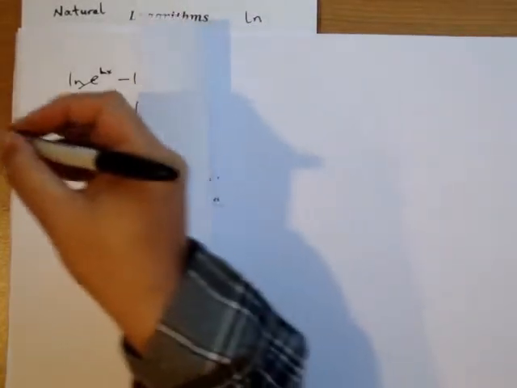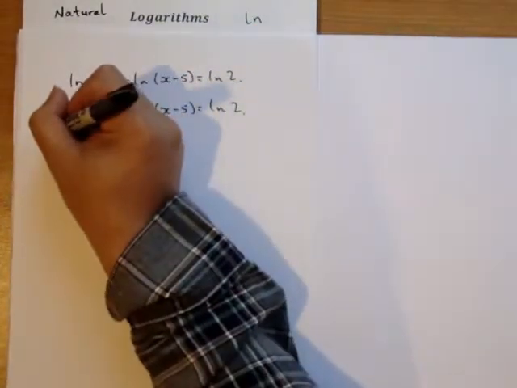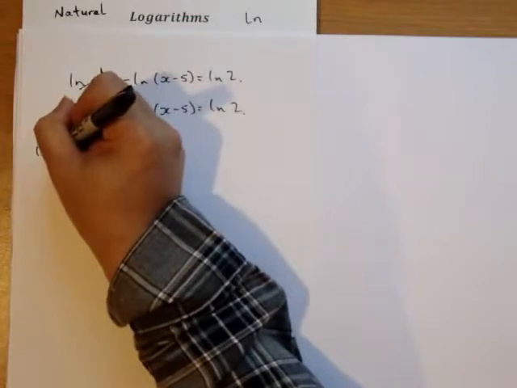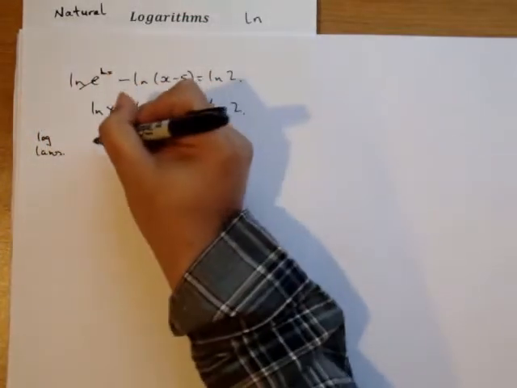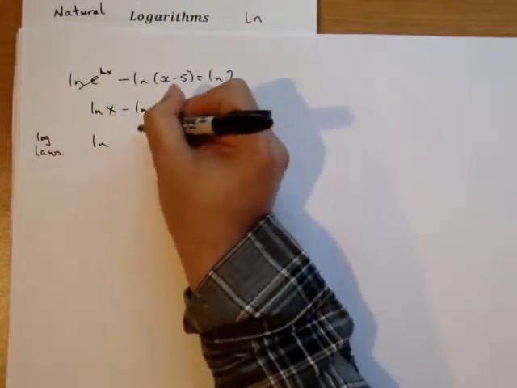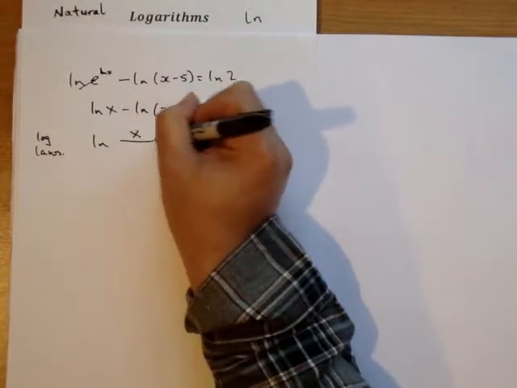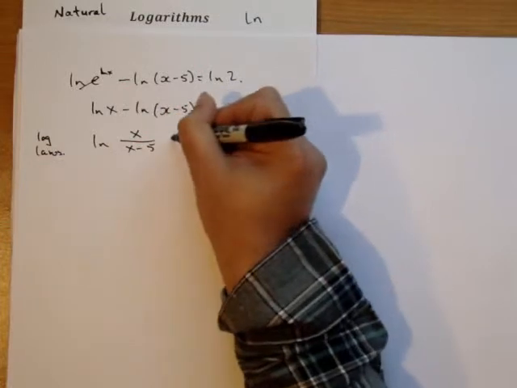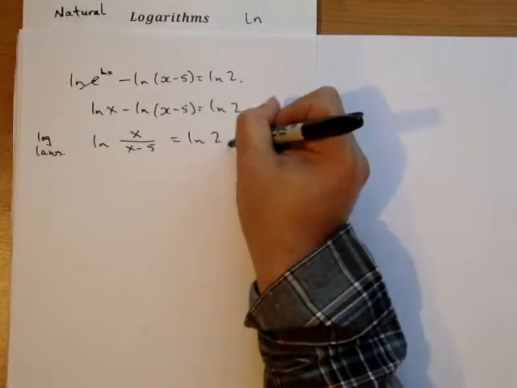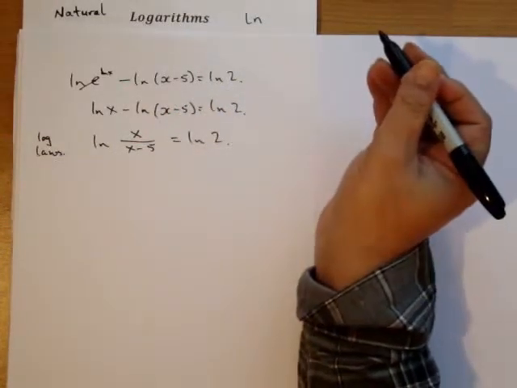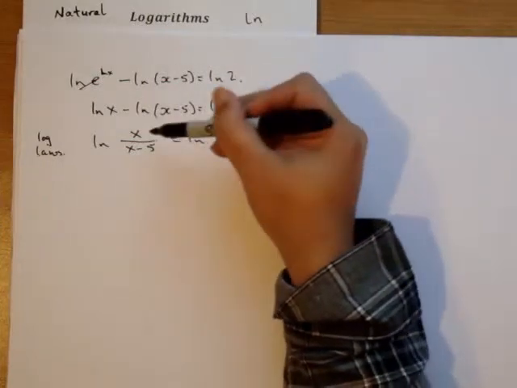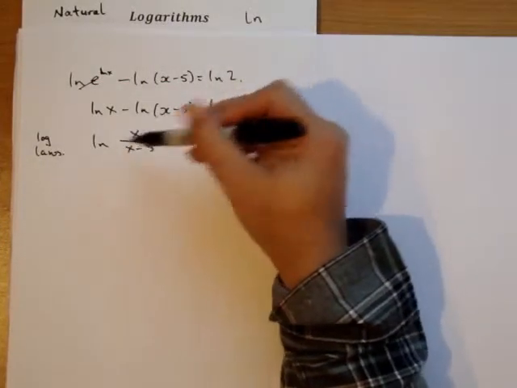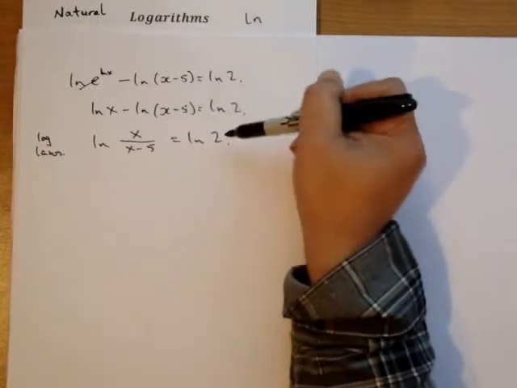Here we use the properties of logs, so log laws. So this becomes the natural log of x on the top and then x minus 5 on the bottom equals the natural log of 2. Now we can cancel the natural logs, because they're in the same ratio.